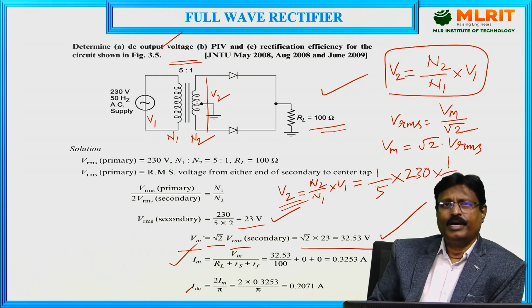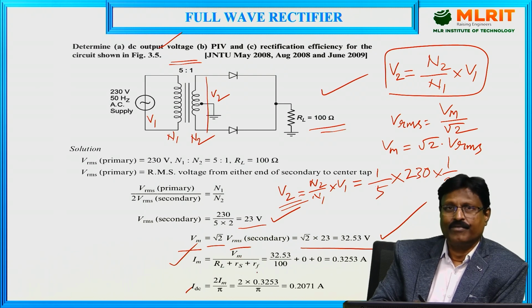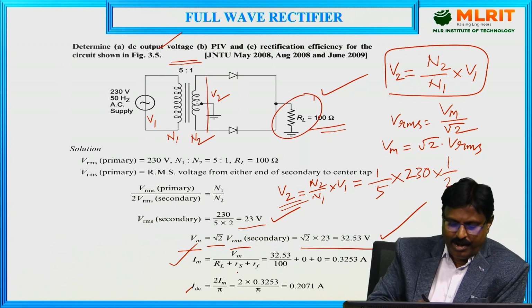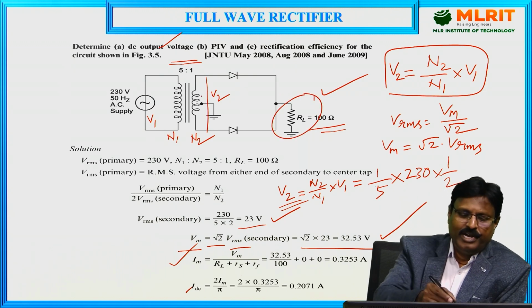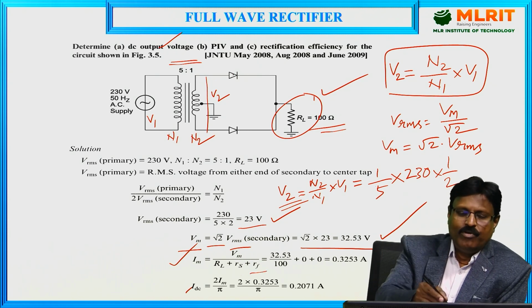Okay, so next Im. Im is equal to Vm by RL. But here the formula he wrote as Vm by RL plus RS plus RF. RL is the load resistor, RS is the resistance related with the secondary of the transformer, and RF is the diode resistance.